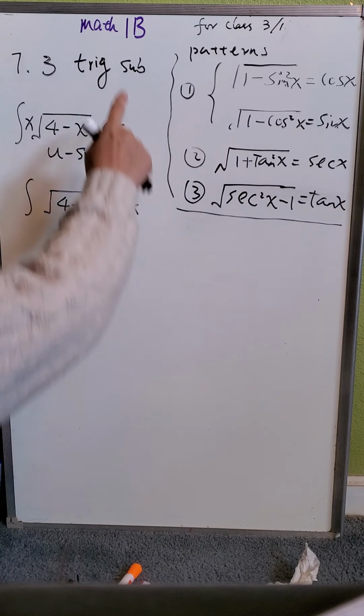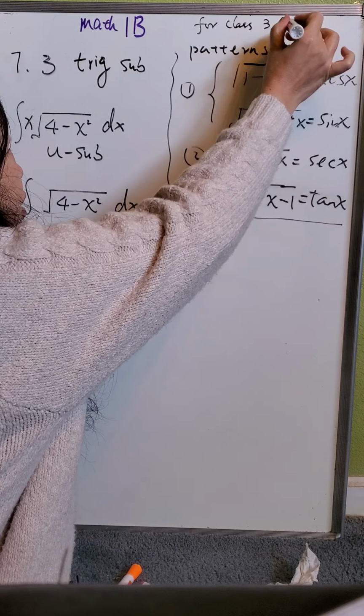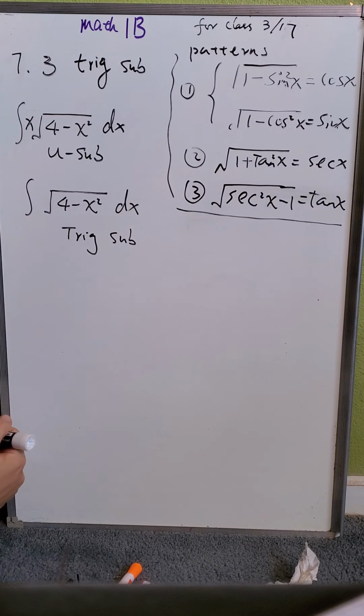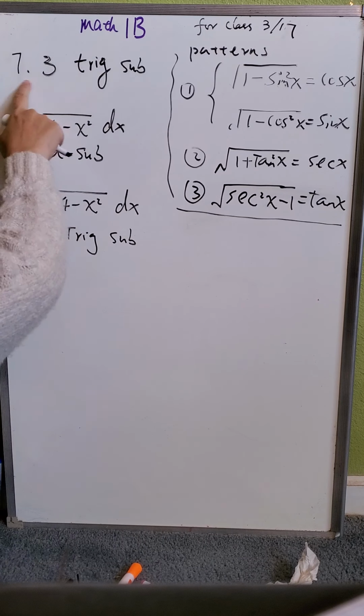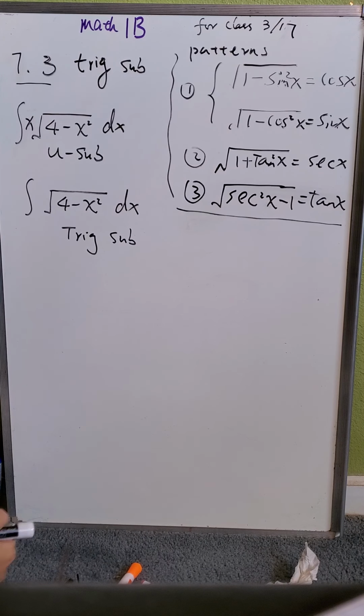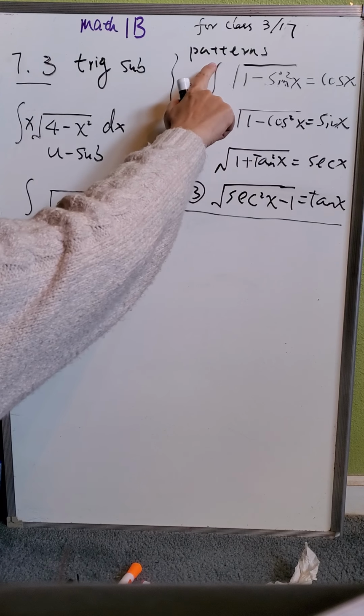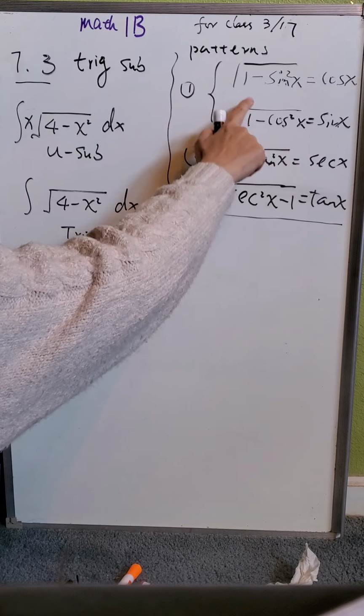Okay, today we're going to do the lessons for March 17th. I will upload both of them. Section 7.3, trigonometric substitution. I want to give you the patterns possible. These are the formulas for the patterns.